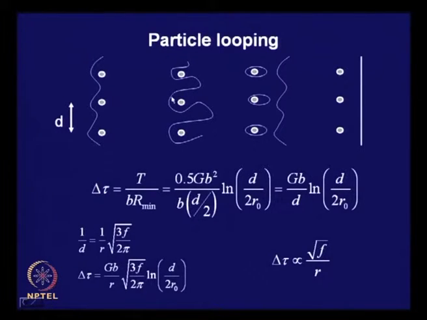Now, the minimum radius of curvature is possible to calculate, and we had done it earlier. If you substitute, the expression for T is usually roughly proportional to 0.5 G b squared times ln of d over b, where d is the precipitate spacing.